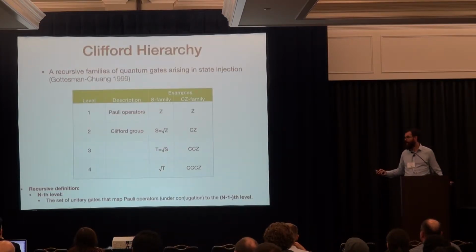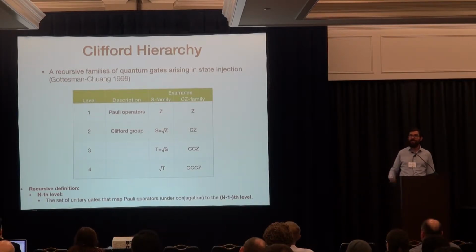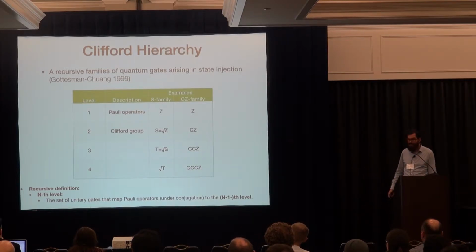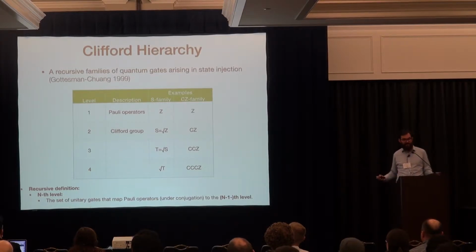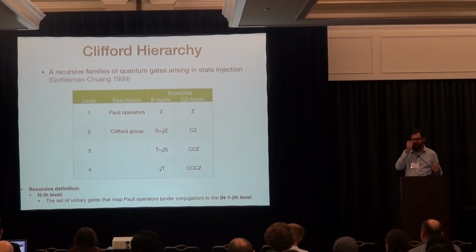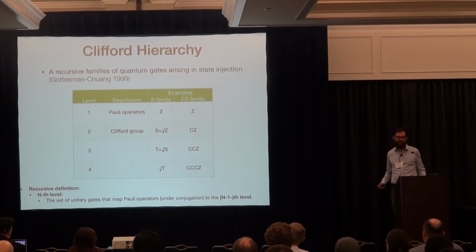Well, let's see. So the Clifford hierarchy, most of you are familiar with it, but for those of you who aren't, this emerges in the study of the correction operators you need to apply in teleportation-based gates and state injection. But it can be understood with a recursive definition as the set of unitary gates that transform Pauli operators a certain way under conjugation.